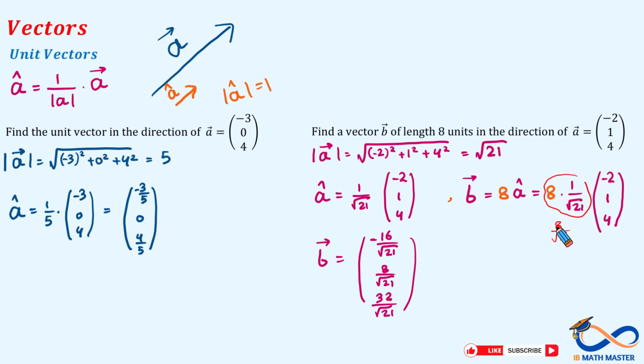Then here we have 8 times 1 will be 8, and then 8 times 4 will be 32 divided by the same square root. So this is here vector B. It's parallel to the unit vector of A itself, which is this, and also parallel to A itself, but it has a magnitude of 8.